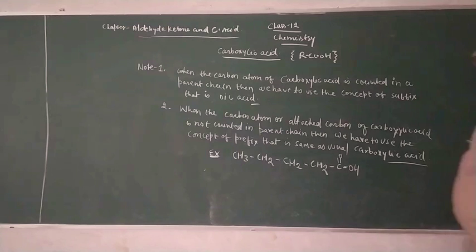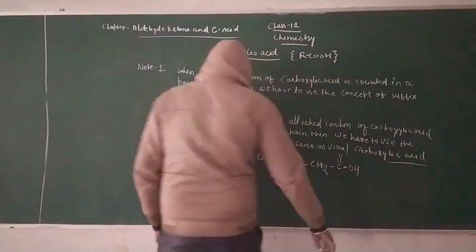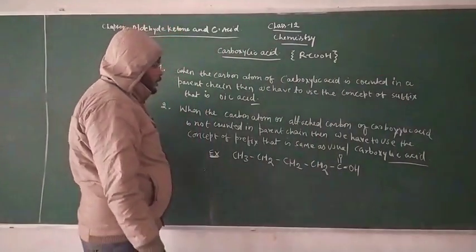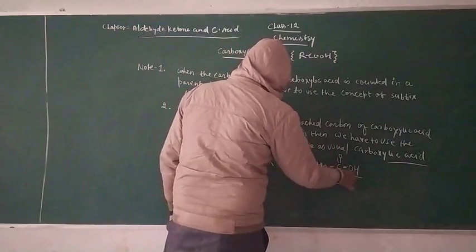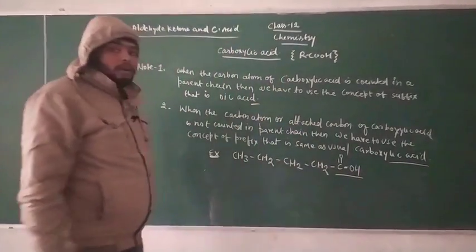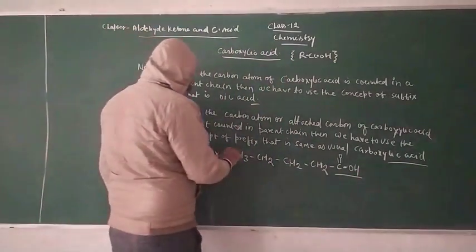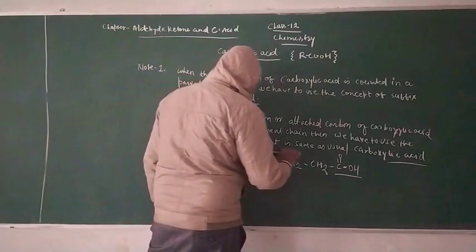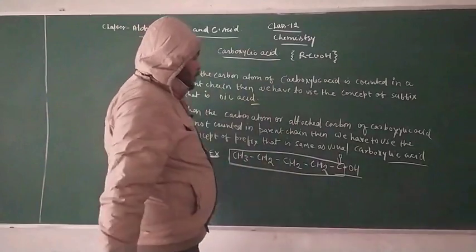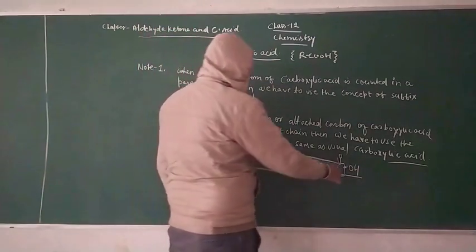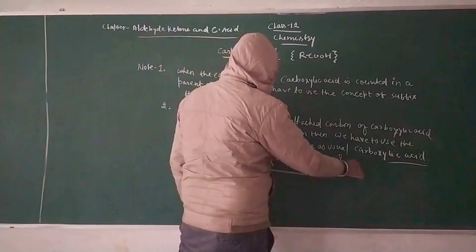Now in terms of the note, guys, this is your principal functional group of carboxylic acid. For the naming of this organic compound, you first draw the parent chain, and this parent chain includes the carbon that contains the carboxylic acid.